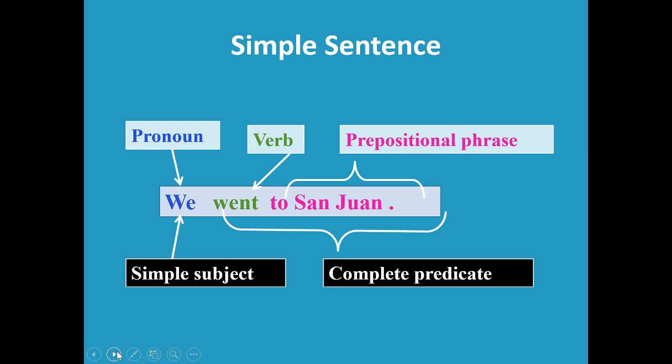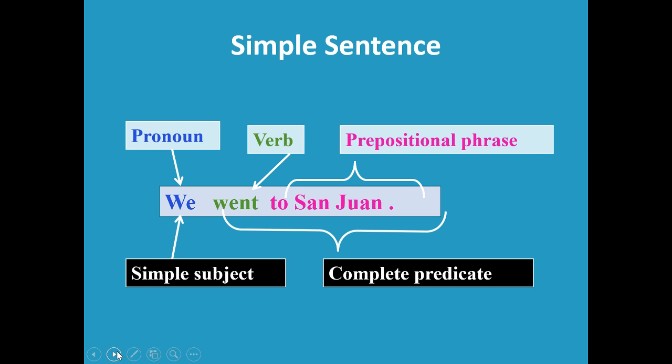Went to San Juan is the complete predicate. Okay. Simple subject we, and went to San Juan, the complete predicate. So this is how a simple sentence is constructed.